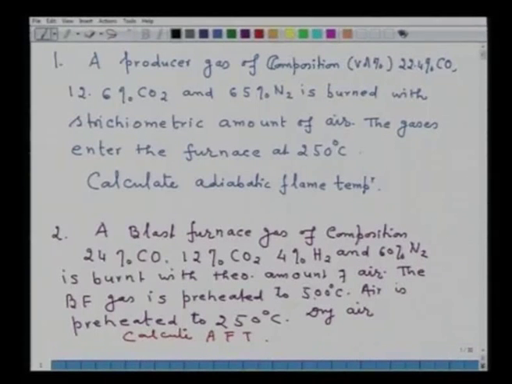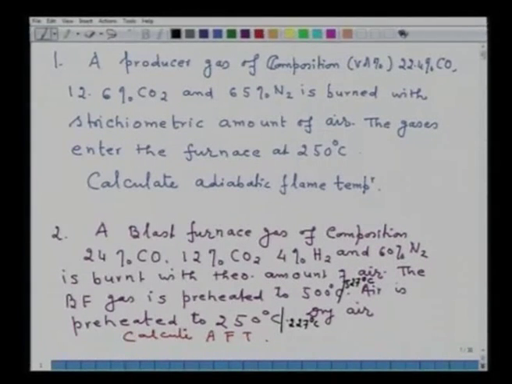The blast furnace gas is preheated to 500 degree Celsius or 527 degree Celsius. Air is preheated to 250 or 227 degree Celsius.